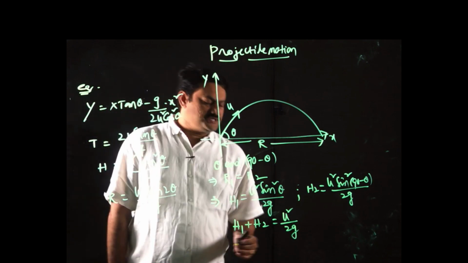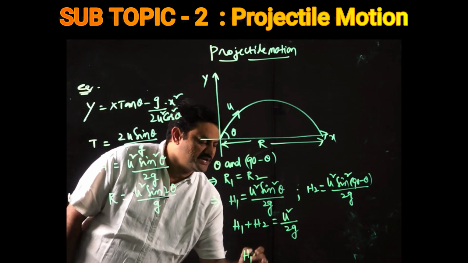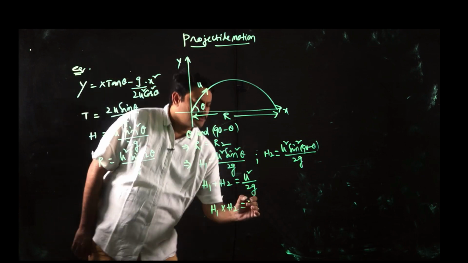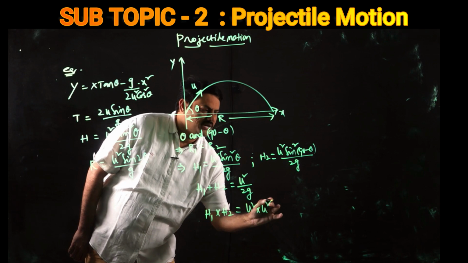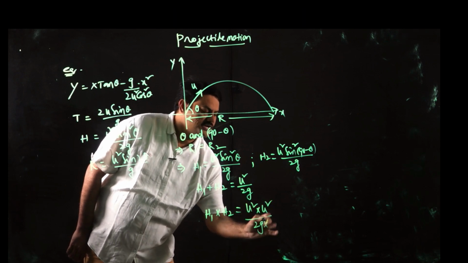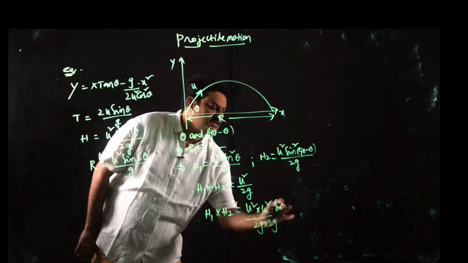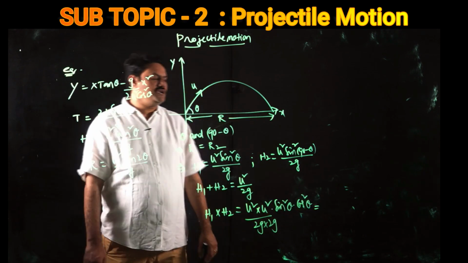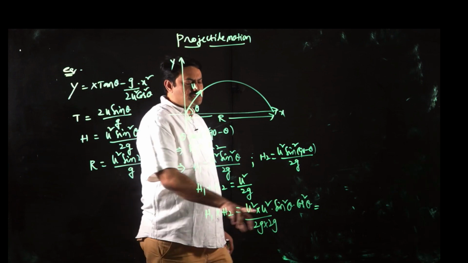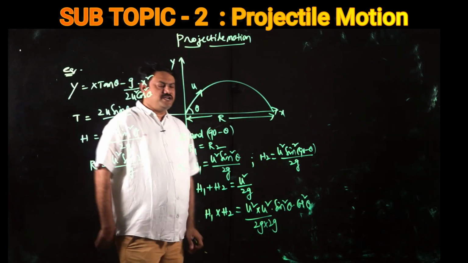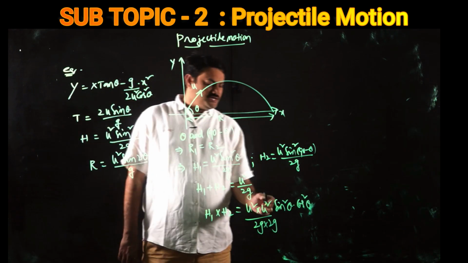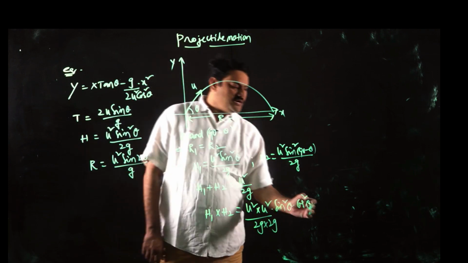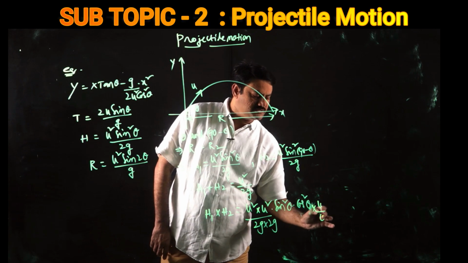Suppose you want to calculate h1 into h2. So u square by 2g into 2g sin square theta into cos square theta, which is equal to u square sin square theta cos square theta by 2g into 2g, multiplying and dividing by 4 on both sides.